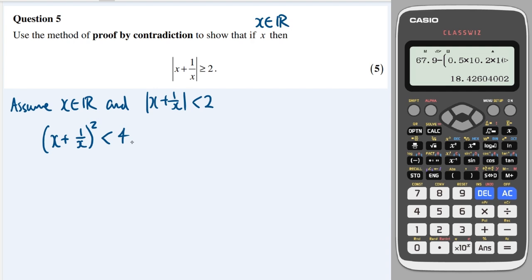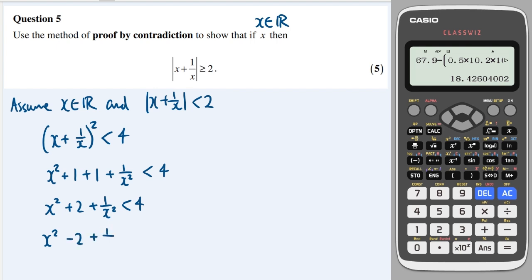So when I square this out, I get x squared plus 1 plus another 1 plus 1 over x squared is less than 4. So this gives me x squared plus 2 plus 1 over x squared is less than 4, which gives me x squared minus 2 plus 1 over x squared is less than 0.